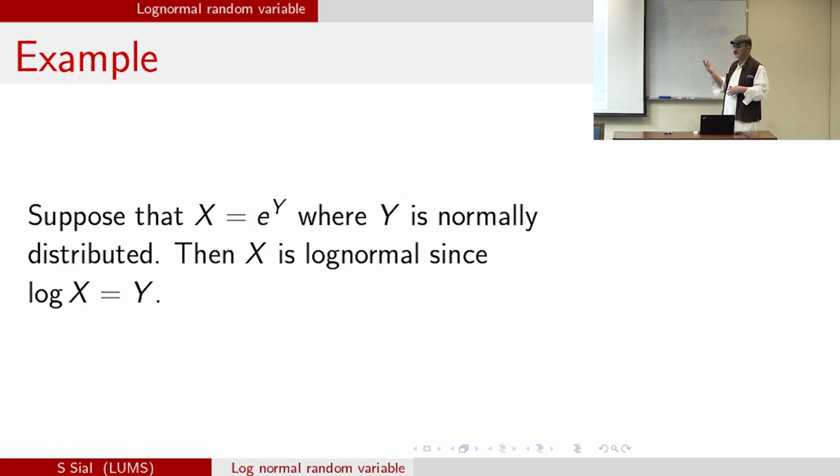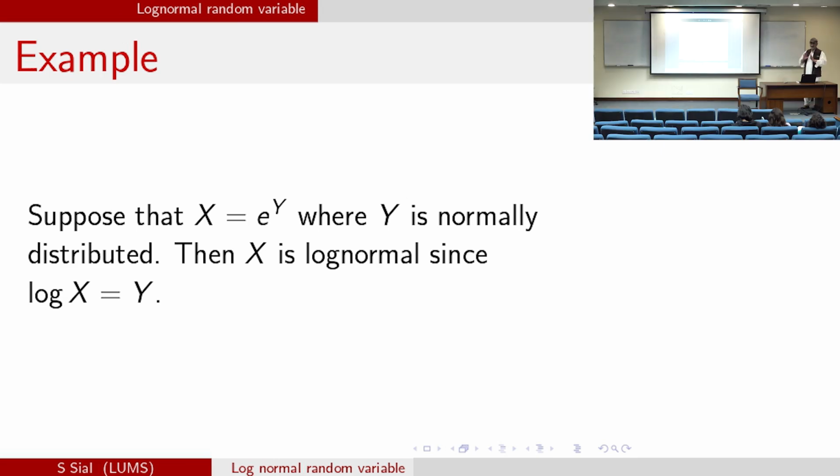If I say that y is normal, and I give you mu and sigma or sigma squared, then that gives you exactly what the PDF is, right? So if y has exactly two parameters, mu and sigma, and x, to make a log normal variable, I take the exponential of that y, then x also has two parameters, mu and sigma squared.